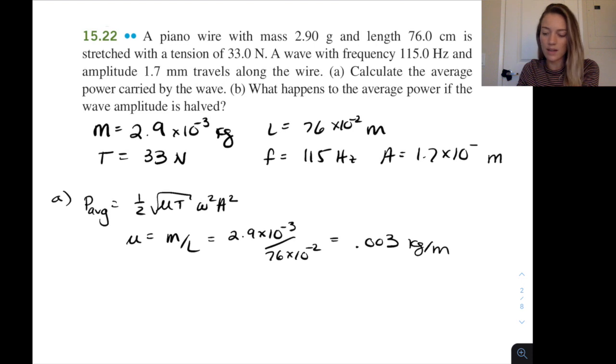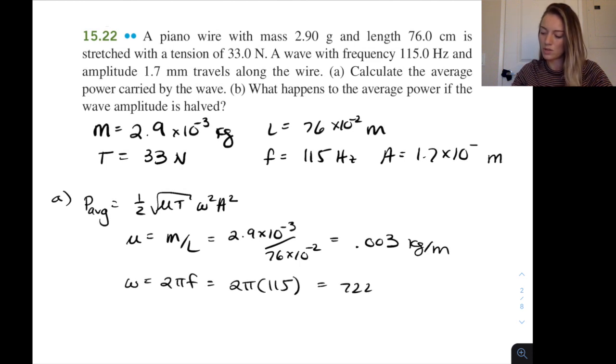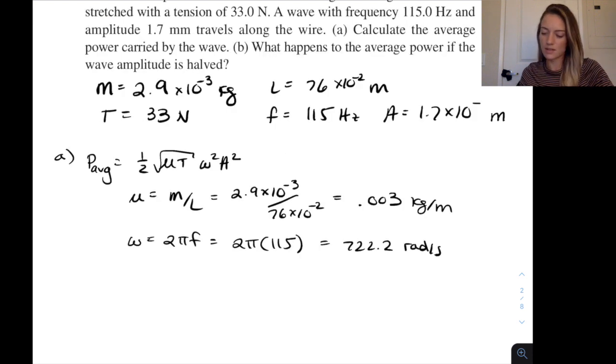Then we need to just find omega. So the angular frequency is 2 pi times the frequency, and the frequency is 115 hertz, so that gives us 722.2 radians per second. So now we can just plug everything into this equation.